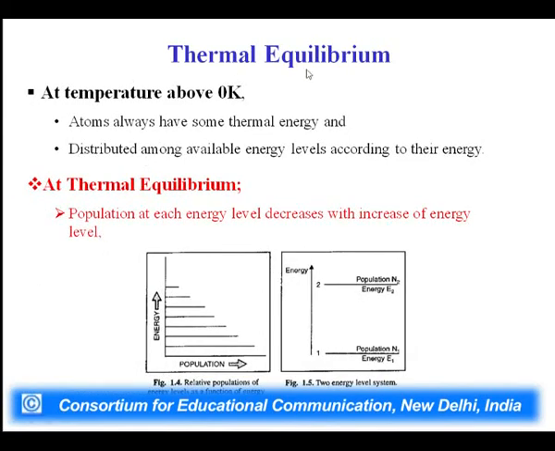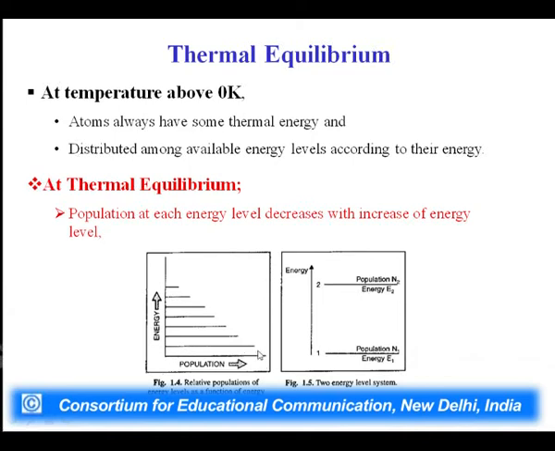What is thermal equilibrium? At temperatures above 0 Kelvin, atoms always have some thermal energy and are distributed among the available energy levels according to their energies. At thermal equilibrium, the population at each energy level decreases with the increase of the energy level. At the ground level, the population is more.